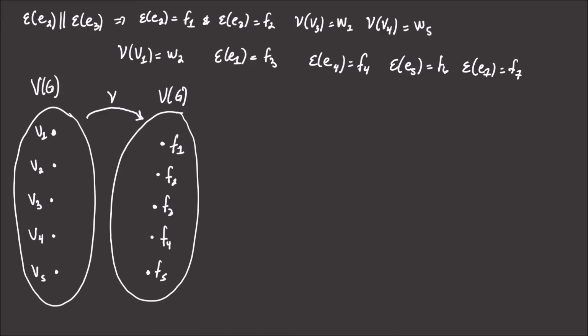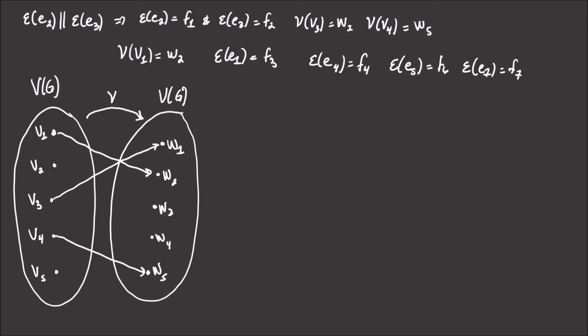Now from above, we already know that V3 will go to, I'm sorry, these should have all been W's, not S. I don't know why I wrote S. Now V3 goes to W1. V4 goes to W5. We had V1 going to W2.